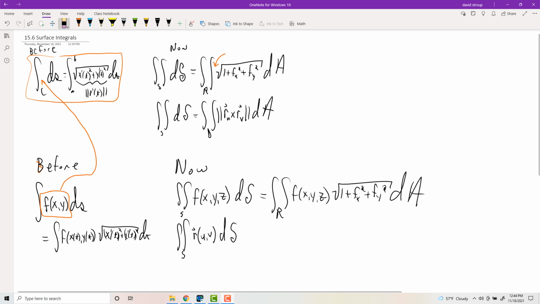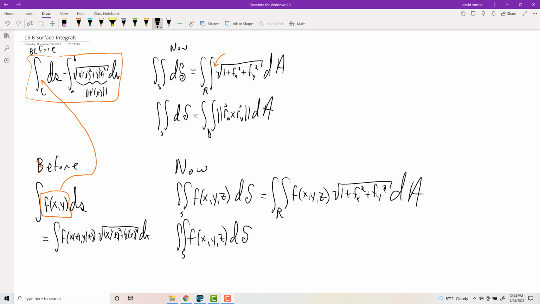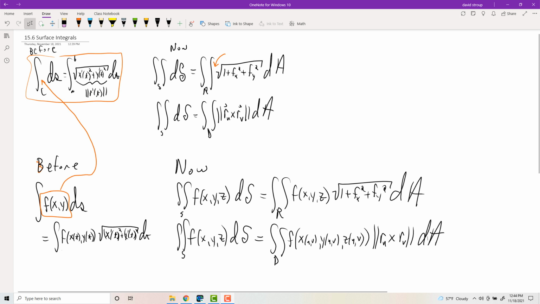Let's put f of x y z dS, and convert it over to our uv plane by substitution. You'd have f of x of uv comma y of uv comma z of uv, times the magnitude of ru cross rv dA, which is du dv or dv du.